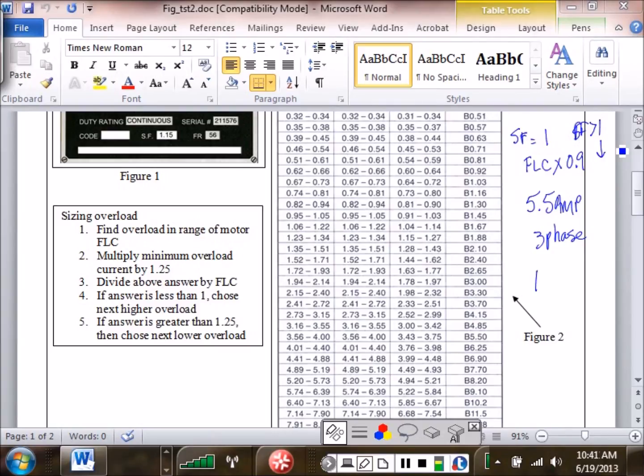For a short time. Then you have what we call continuous duty motors. Somewhere on the nameplate, it's going to tell you if it's an intermittent duty motor or a continuous duty motor. A continuous duty motor means it's supposed to deliver its horsepower 24/7. You can leave that motor running all the time, and it's going to give you a lot of years of service.